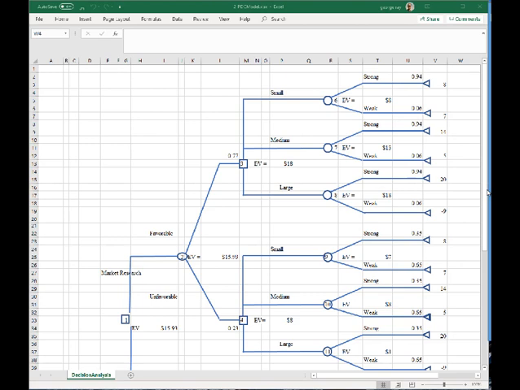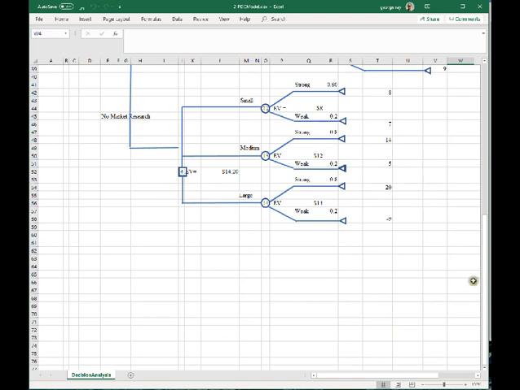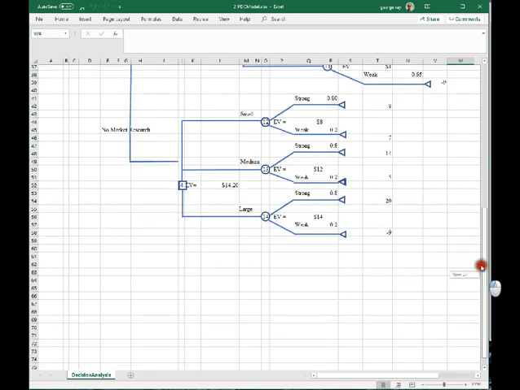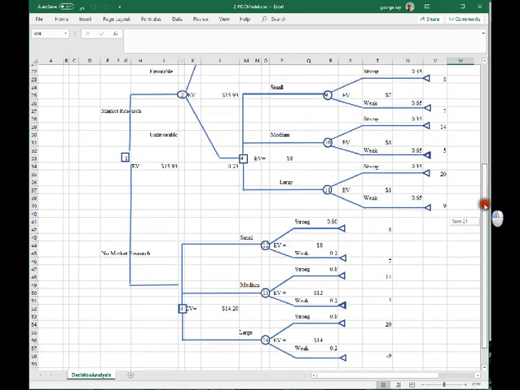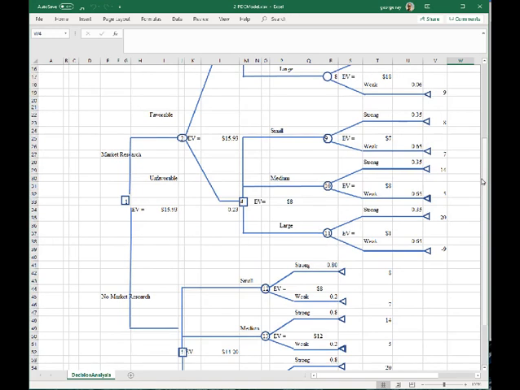This is a model for the expected value approach that we used in the last lecture, part 1 of chapter 15. But we're adding additional information this time. This is a fairly large model. And the additional information we're adding is a market research study.